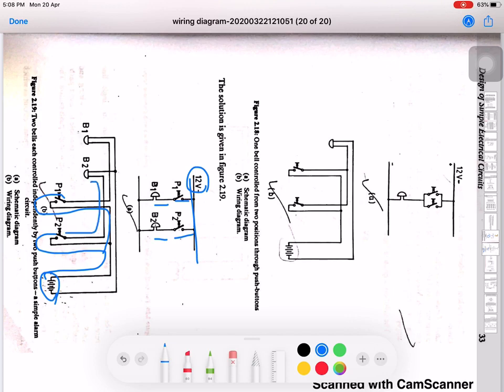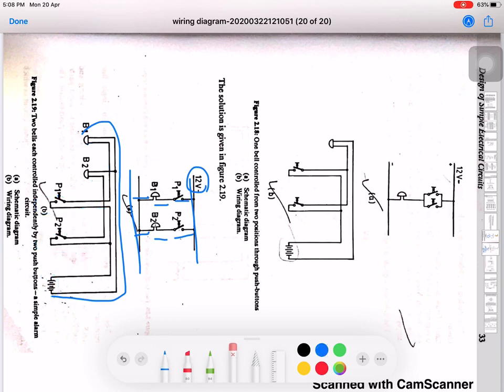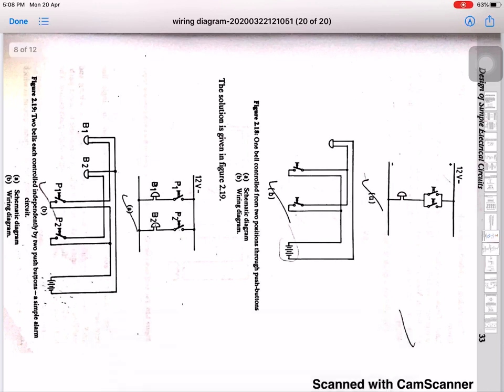So these are connected with their respective bells, and the circuit is completed with the bell circuit. So this was the basic idea about how the bells are being connected with the push buttons.